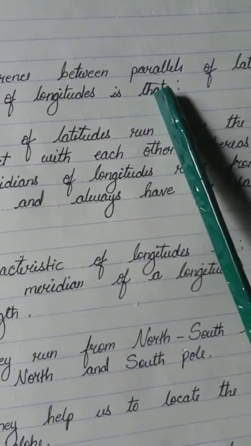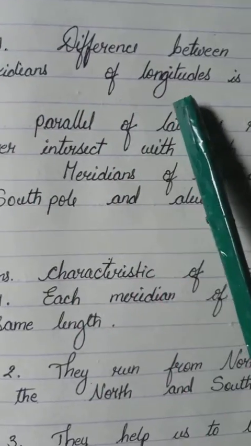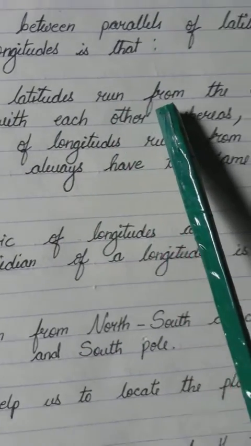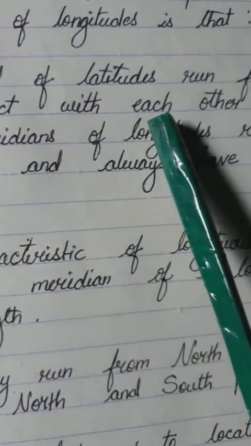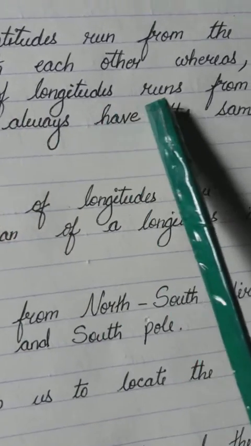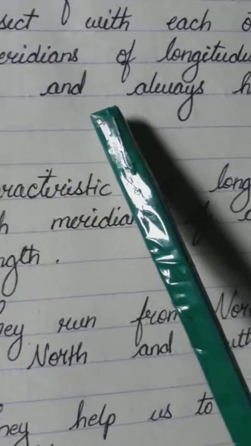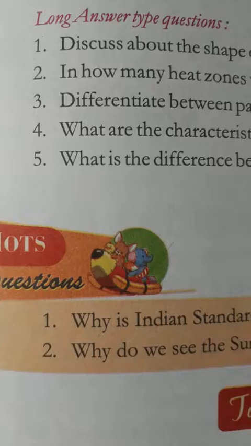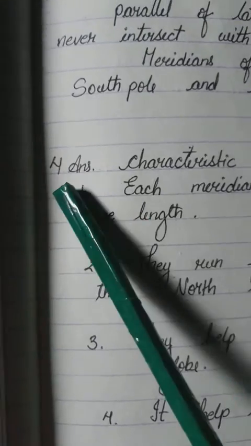The difference between parallels of latitude and meridians of longitude is that parallels of latitude run from east to west and never intersect with each other, whereas, next line, meridians of longitude run from North Pole to South Pole and are always of the same length. Number 4. What are the characteristics of longitudes? The answer.